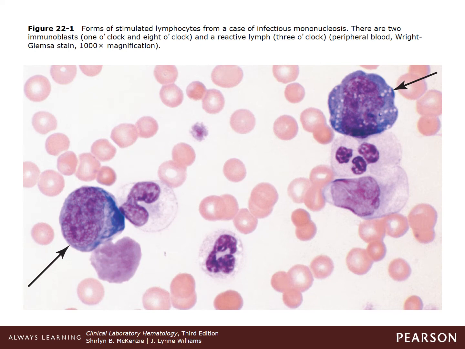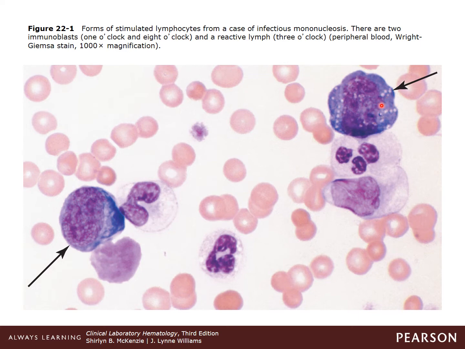Now here we have an image of an immunoblast. As the lymphocytes are activated due to some kind of antigen, they go through immunoblast transformation, where they look very dark and very condensed. So you have an immunoblast here, and an immunoblast here, and they are very basophilic.